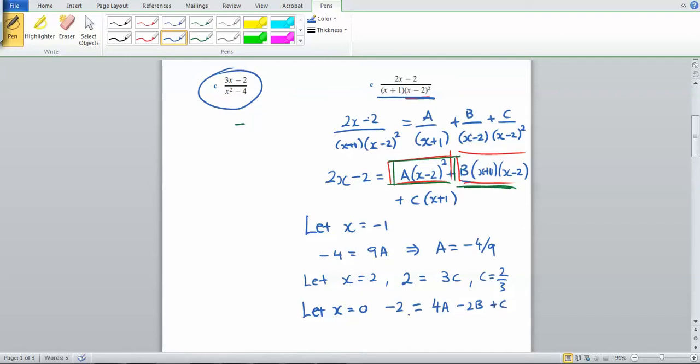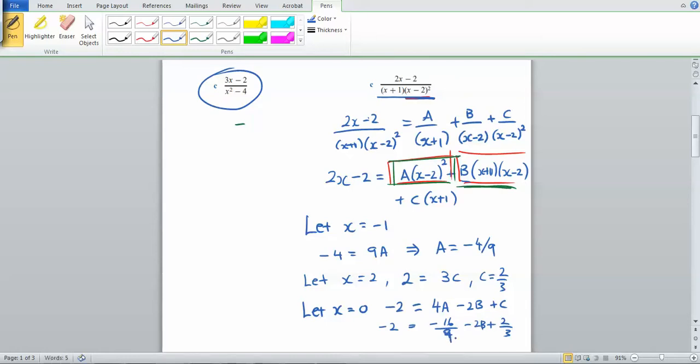Now we know what A and C are, so we can sub those in. We've got minus 2 is equal to 4A, which is negative 16 over 9, minus 2B, which we don't know yet, plus 2/3. Okay, so that's minus 16 over 9.